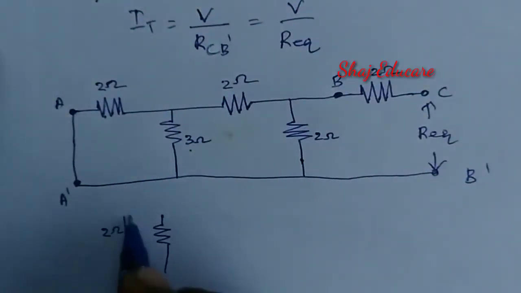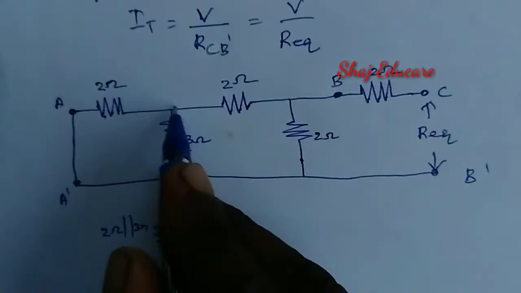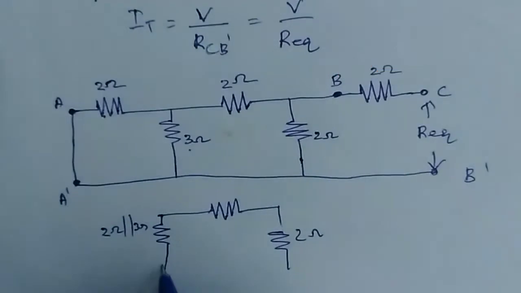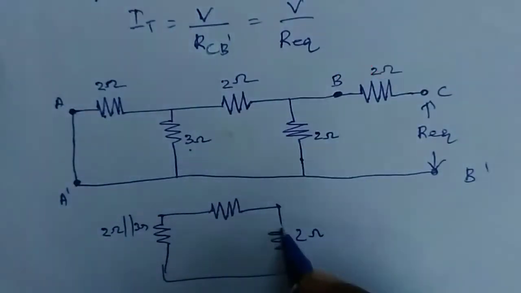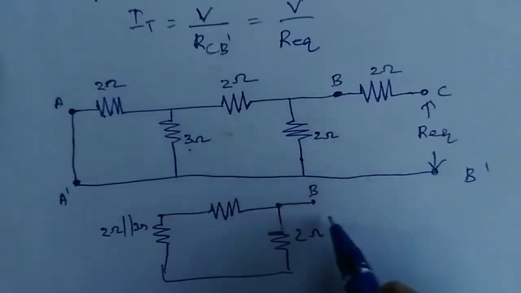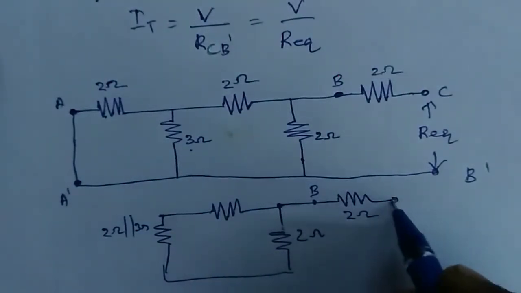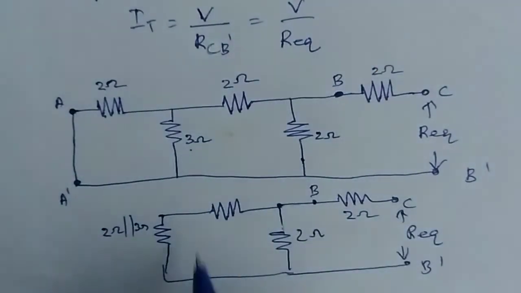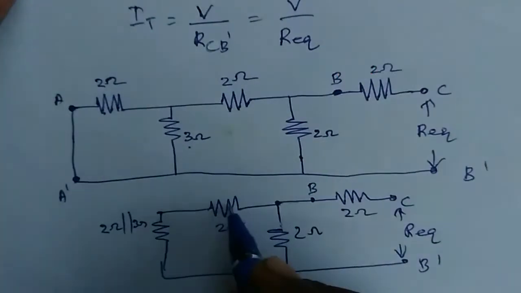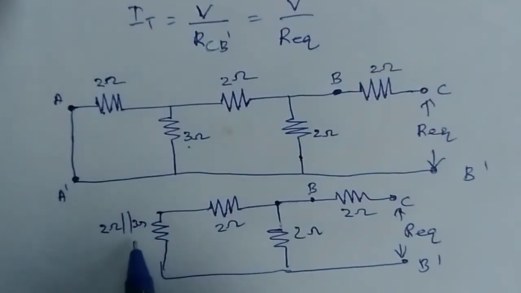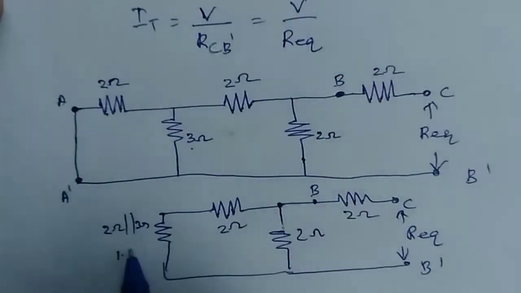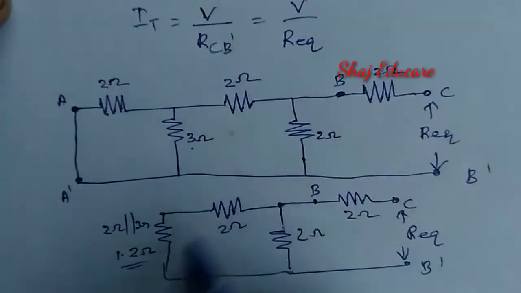Here 2 ohm parallel 3 ohm, then followed by this 2 ohm resistance, then this is terminal B. After that a 2 ohm resistance, then C, B dash. The equivalent of the 2 ohm and 3 ohm resistances is 1.2 ohm. This 1.2 ohm and this 2 ohm are in series.